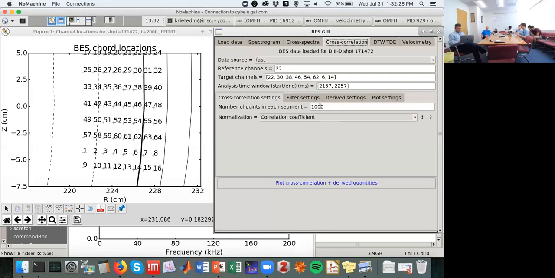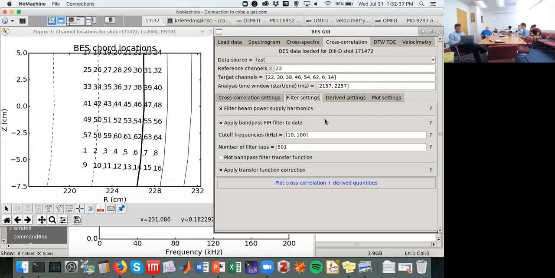Usually this value or something near it is pretty good. The important part for cross correlation is you have to be very careful. You have to filter the data in a specific manner to get meaningful cross correlation results. This is where using cross spectra is important, to figure out what bandpass filter frequencies you need to use to get valid cross correlation results.